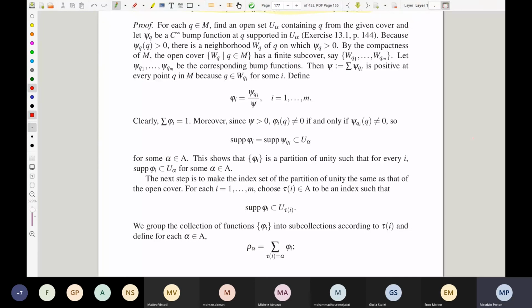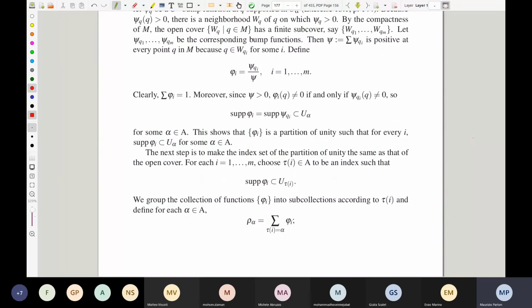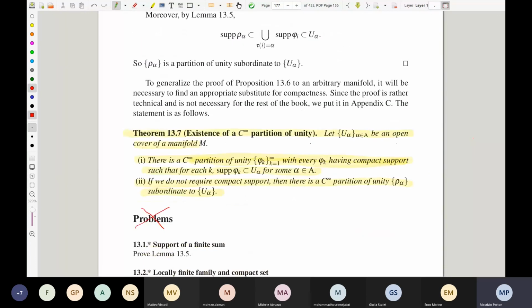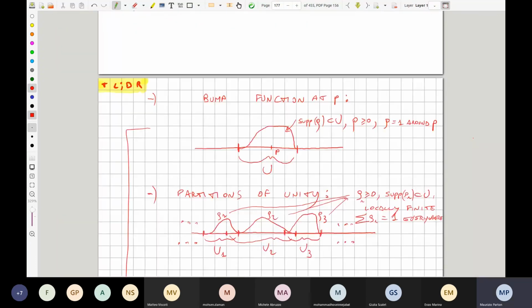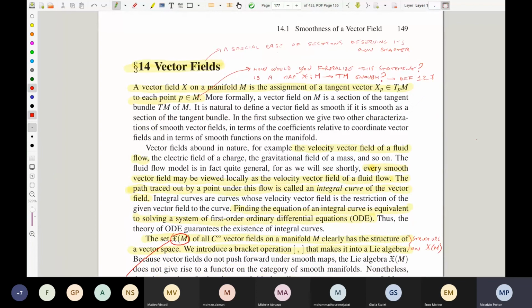One example of a vector bundle you may encounter is the phase space, or state space.